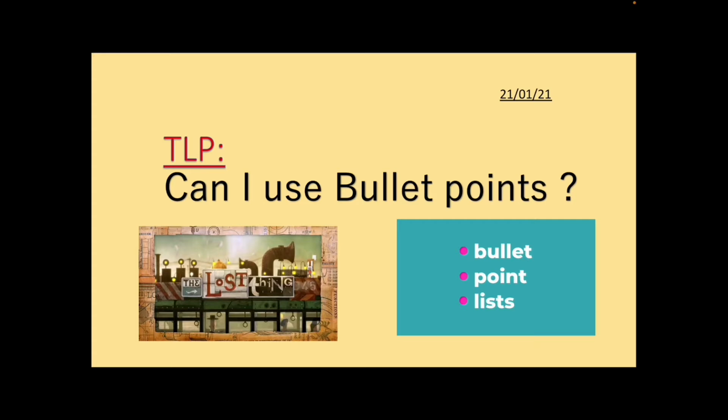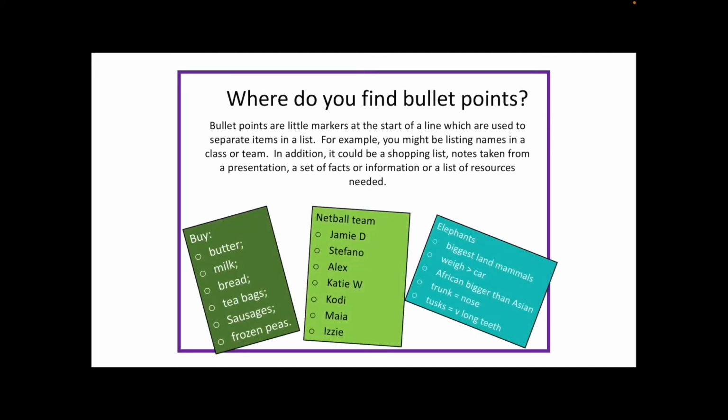Right, so this is Mrs. Keeley with your English lesson, and today's learning point is, can I use bullet points? So, thinking about where do we find bullet points? You can see those 3 bits of paper there, what bullet points look like.